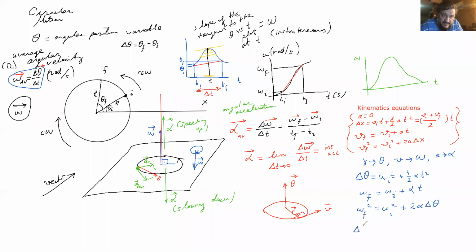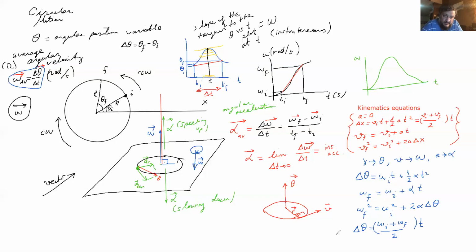That's for delta theta without the acceleration: average angular velocity times t. Now, in some books, you may find 5 equations. That's when you write delta theta not in terms of omega initial, but in terms of omega final and alpha. So let me include that just in case you see it somewhere.